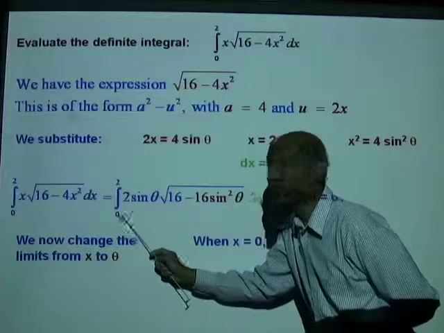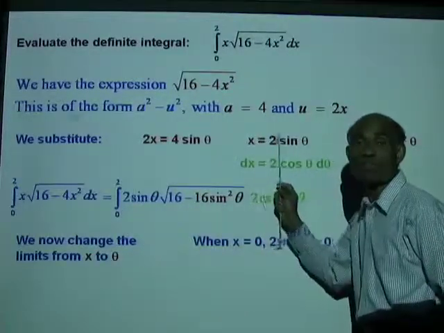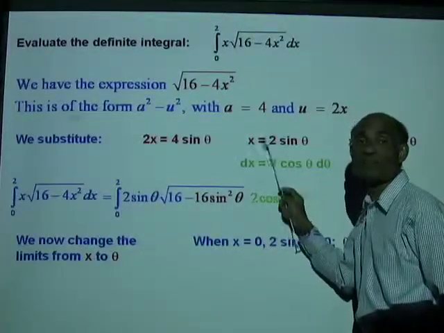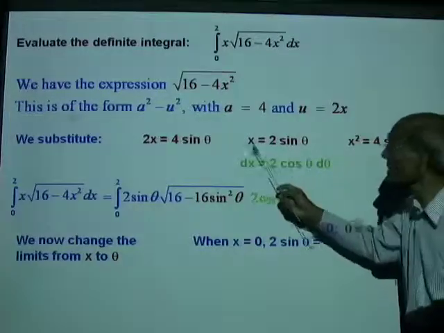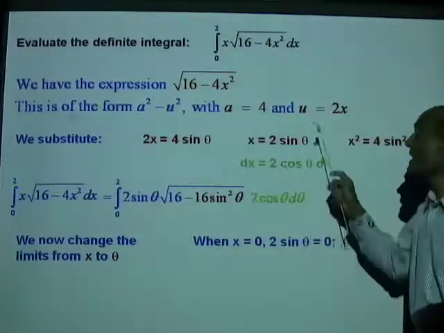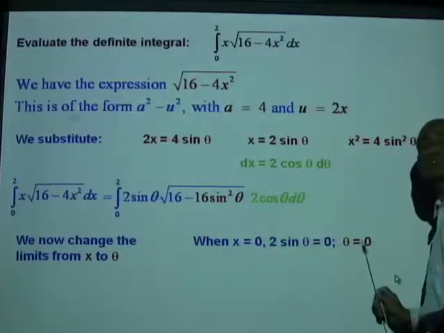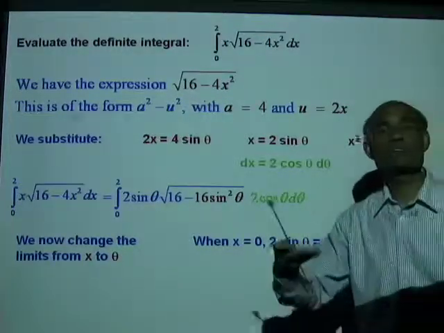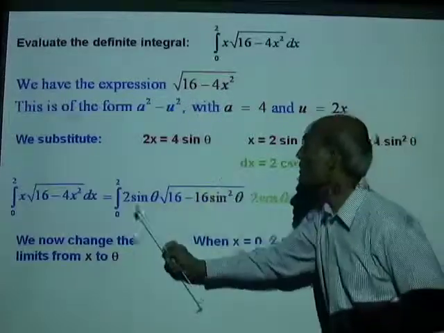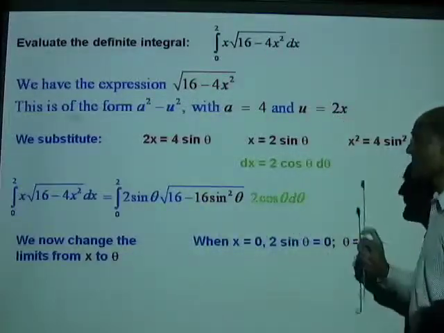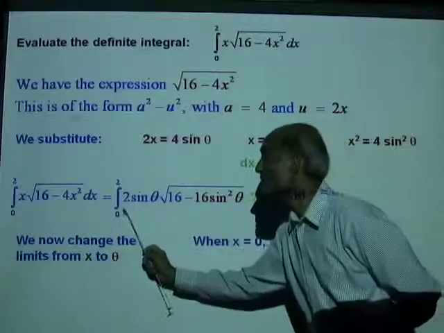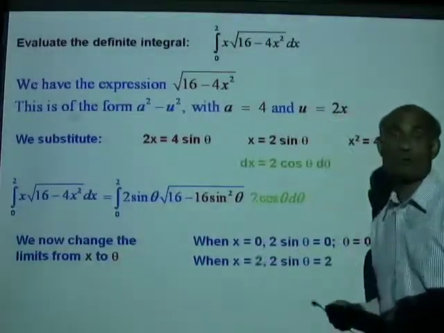Now, when x equals 0, what is sine theta? When x equals 0, sine theta also is 0. And if sine theta equals 0, then theta will be equal to 0, because sine of 0 is 0. That means when x equals 0, theta will be equal to 0. That limit will remain 0.